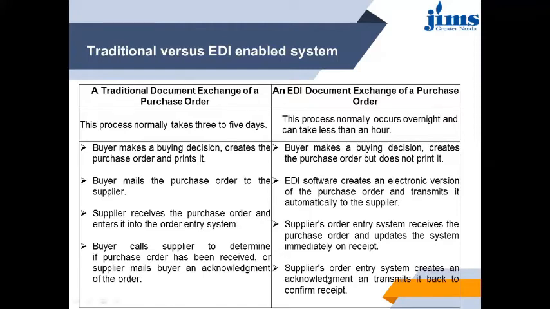But in EDI, the supplier's order entry system creates an acknowledgement and transmits it back to confirm receipt. A very simple example: in the email process, there is an auto-generated mail feature. If you activate that, automatically the person who is sending mail to you receives the acknowledgement from your side.